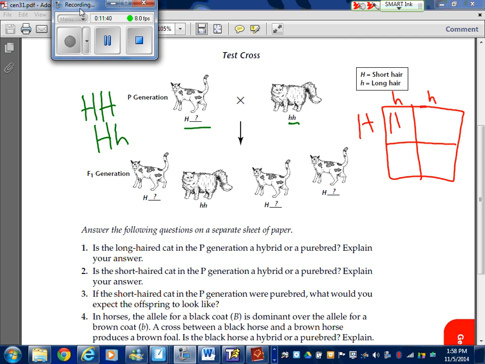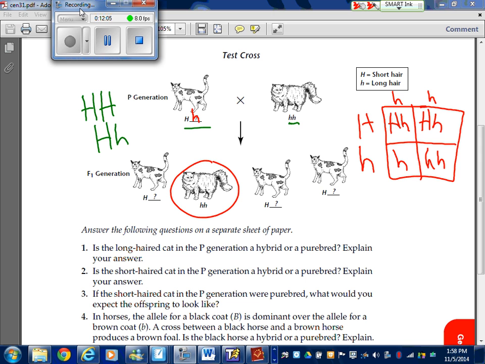So we can figure this out, big H, big H, right? But check this out. We know that one of the kittens is little h. So what does that tell you? No, it's not purebred, he's hybrid.